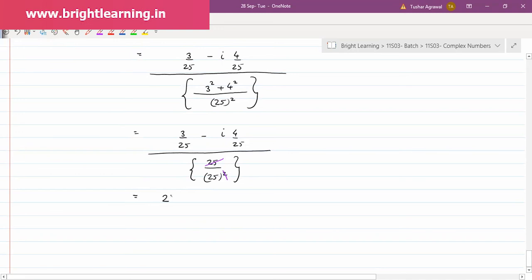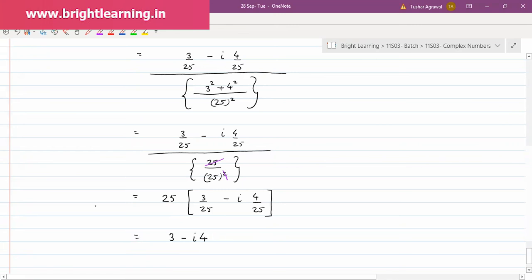While going up, it will get 25 multiplied by 3 by 25 minus i times 4 by 25. This 1 upon 25, when it goes up, will become 25 into. Getting, Pujita? Yes, sir. Okay. So this is now simply 25 into 3 by 25, and this will be 3 minus i times 4.